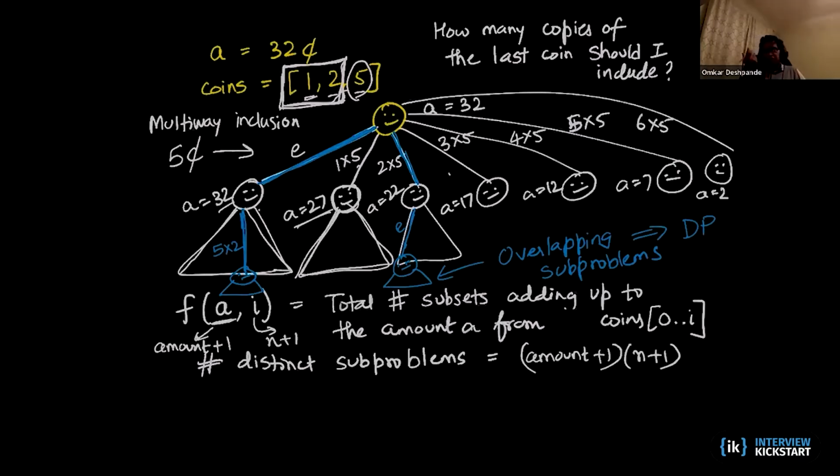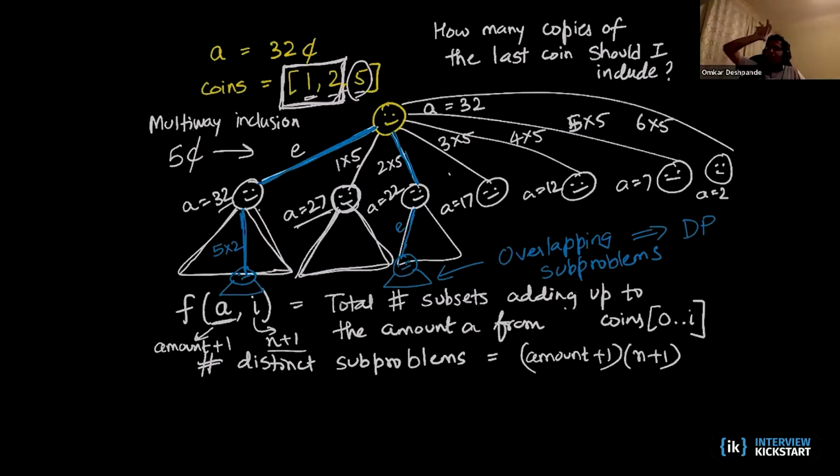And because these are two parameters independently varying within continuous ranges from 0 to amount and from 0 to n minus 1, but that 0 is not.